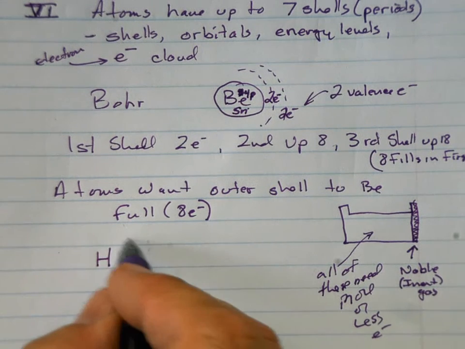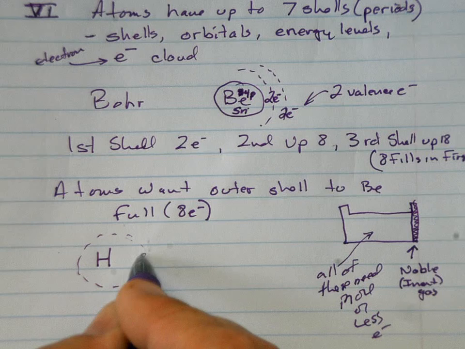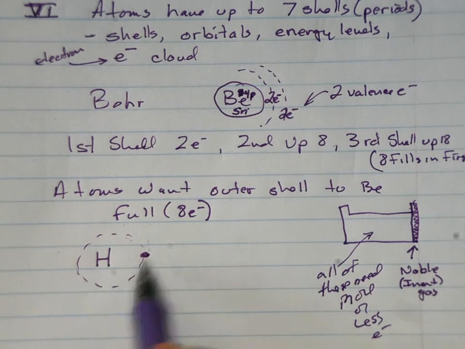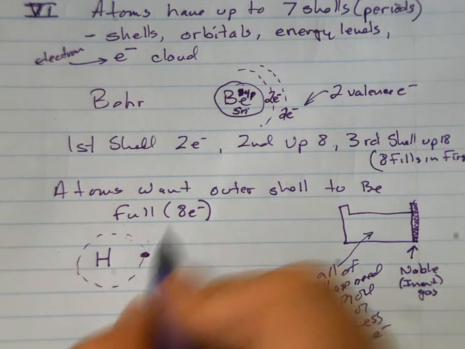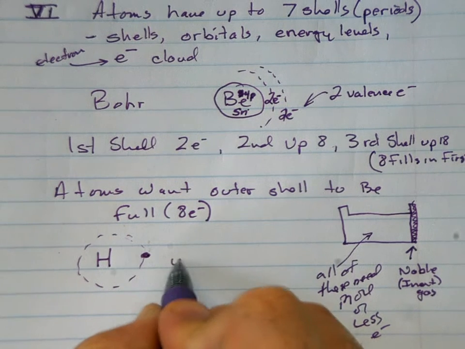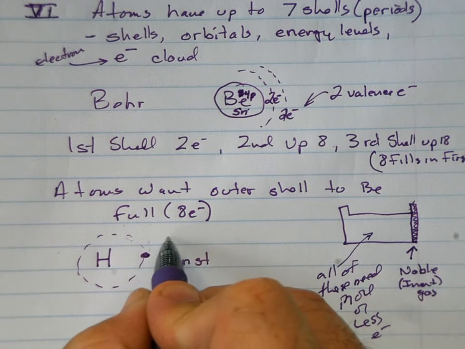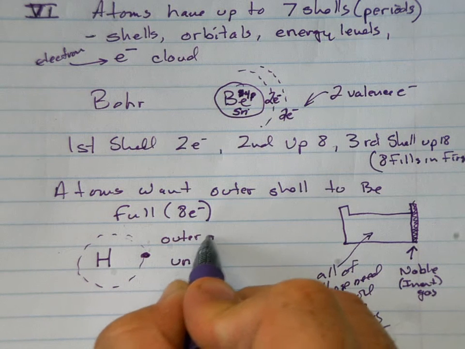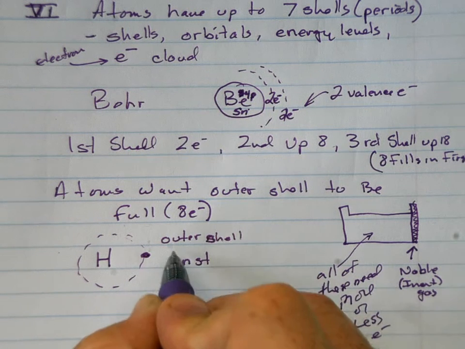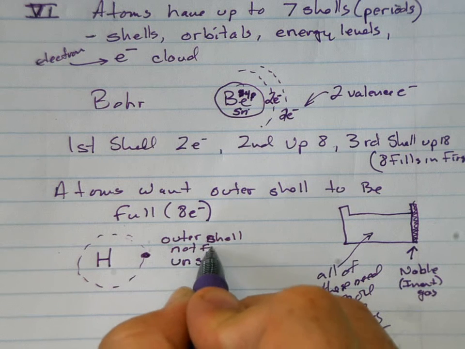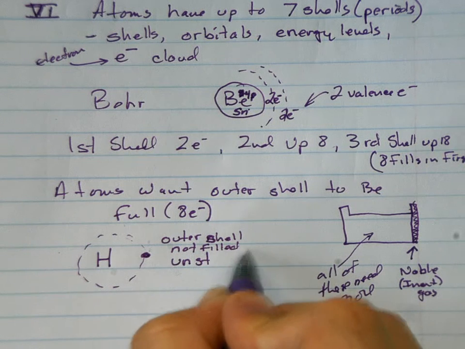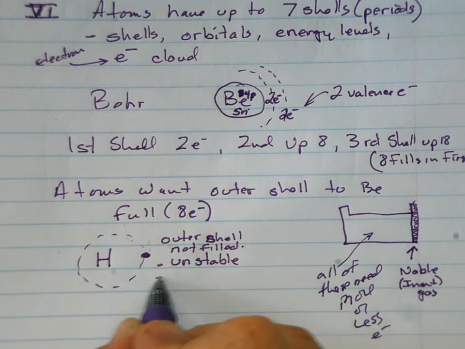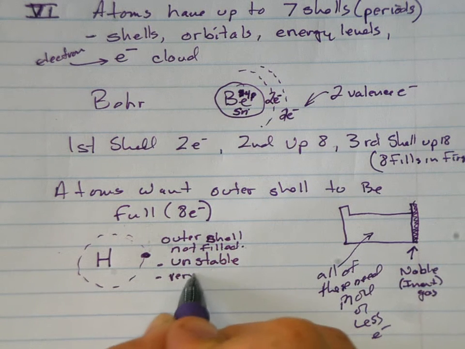Hydrogen, for example, it's got 1 electron. So this is not full. Hydrogen and helium want to have 2 electrons. So this would be said to be unstable. Okay, wait. Shell, outer shell, not filled. So it's unstable. Or you could call it very reactive.